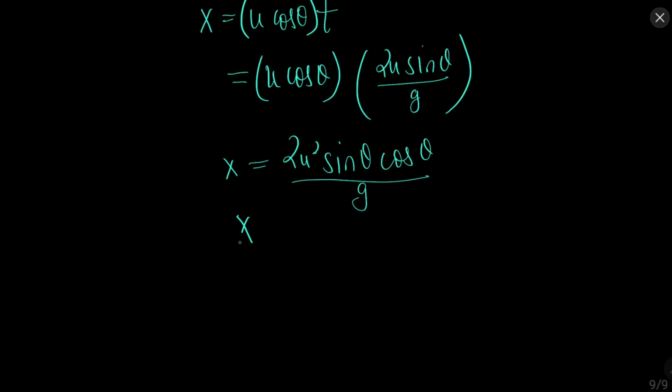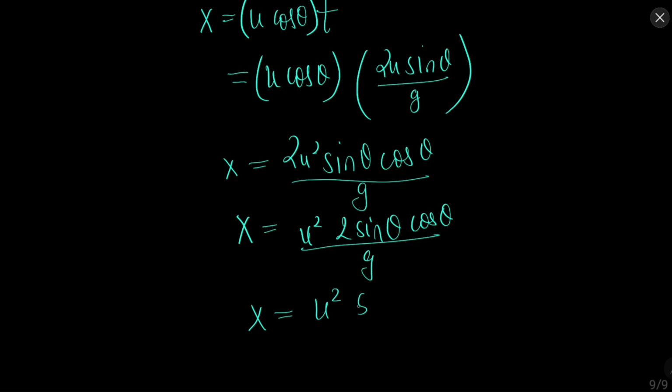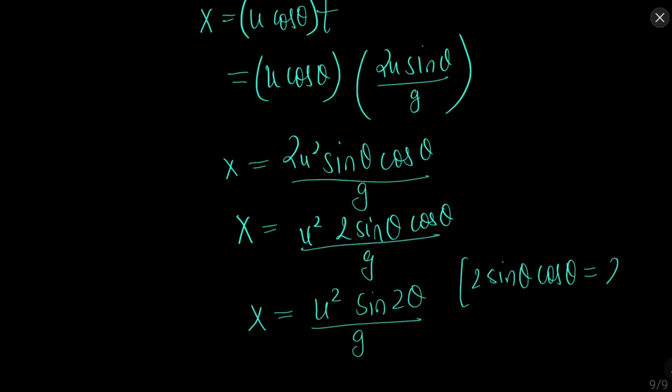So x will be equal to u square times 2 sin theta cos theta by g. Now there is one formula which we will use: 2 sin theta cos theta is equal to sin 2 theta.